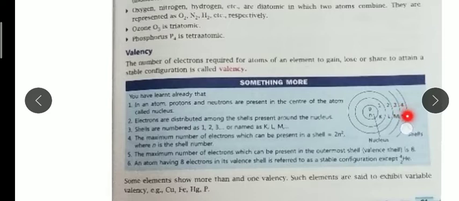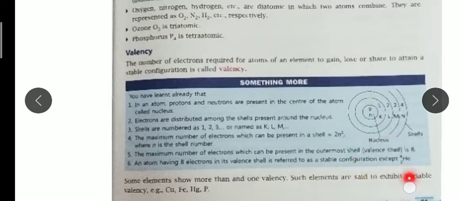And electrons are filled based on the rule of 2n square, where n is the shell number. So the maximum number of electrons which can occupy the outermost shell is 8, and in the first shell, the K shell, 2 will come based on the 2n square rule.